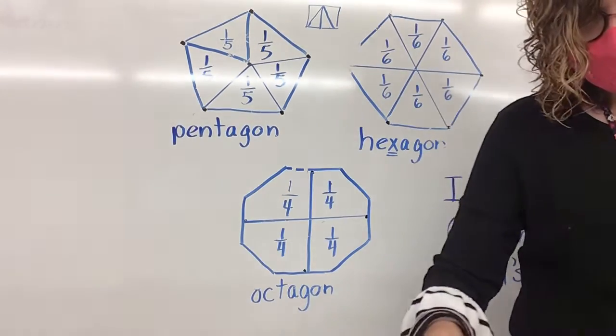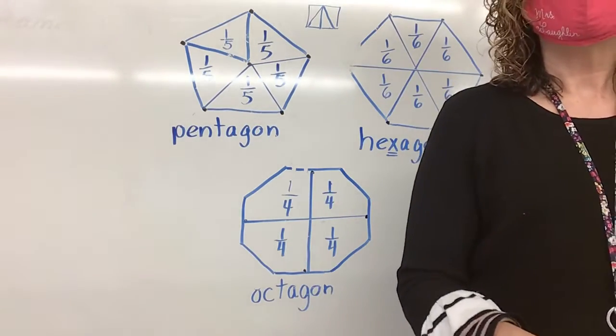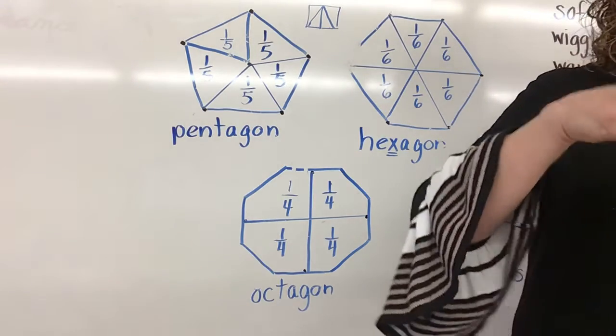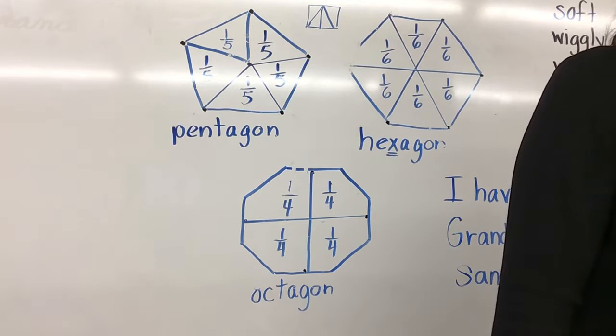But tell me this. Let's say this was cakes, and different people were cutting up the cakes. Would each of you end up with the same amount? Yes. It would just be cut in a different way. You're still getting 1/4 of that cake.